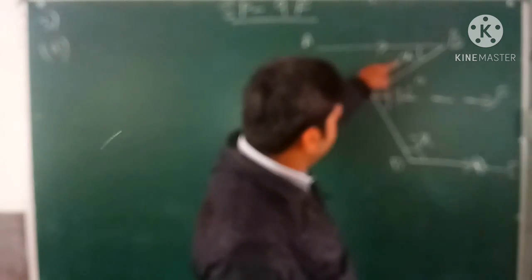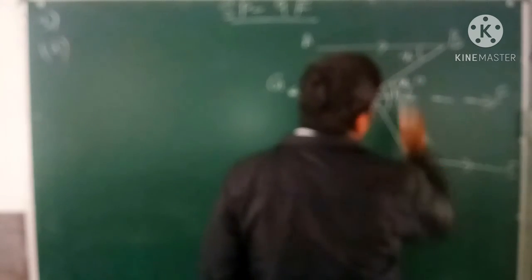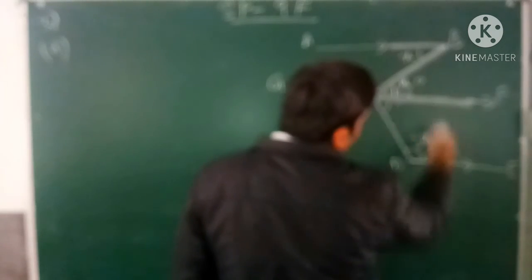Now this is x, so it will become the alternate angle. This small part will become the angle x, an alternate pair, as you can see, in the form of the letter Z. Similarly, these two are an alternate pair.